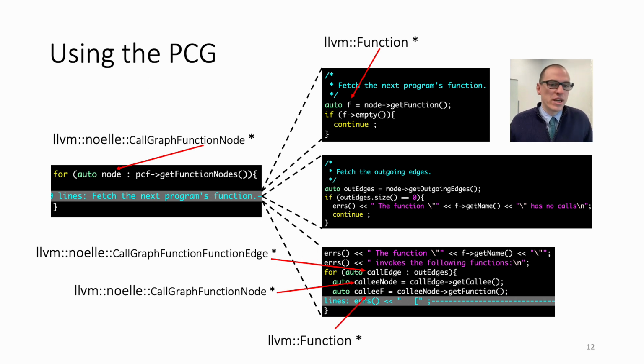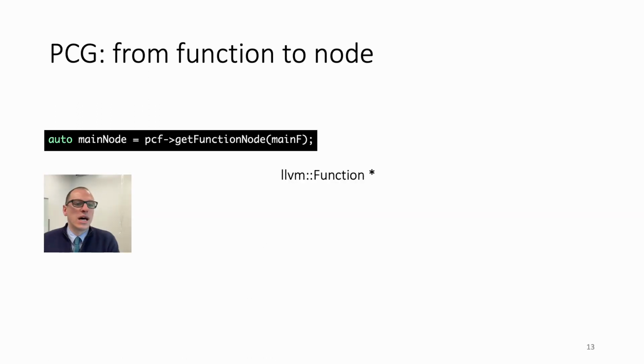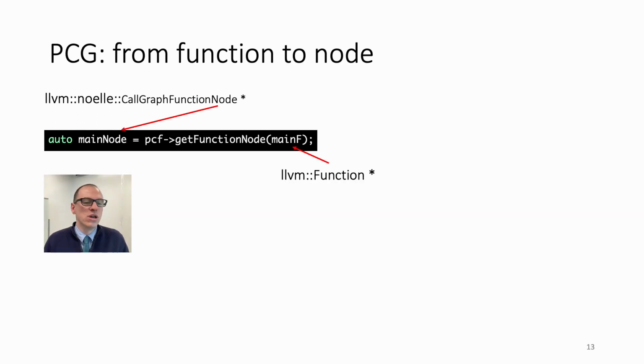As such, you can use all APIs of that node, including the one we have already seen, get function, to get the LLVM function. Another way to use the PCG, the program call graph, is to go from an LLVM function to the node that represents that function in the PCG.